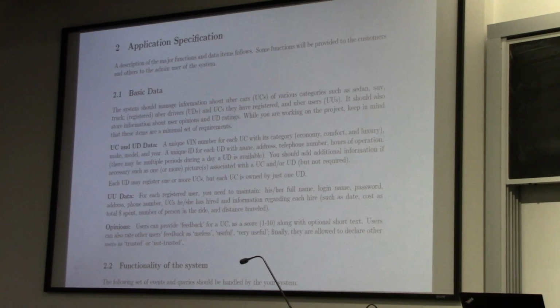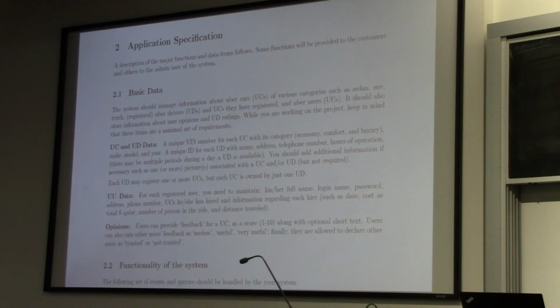As you can tell, each Uber driver may have multiple Uber cars. Meaning when I register as an Uber driver, I may register no cars, or one car, or multiple cars under me. And for each Uber car, you store some basic information about the car, right? The model of the car, the year of the car, the category of the car, whether it's an economy car, luxury car, comfort car, then you charge a different price for whatever category you're in.